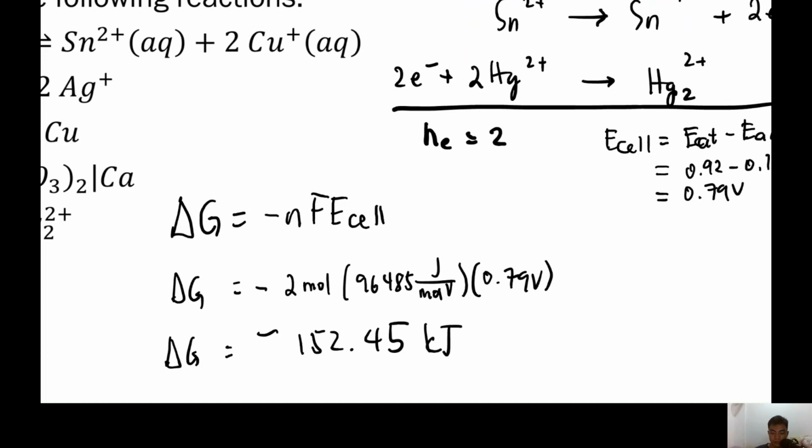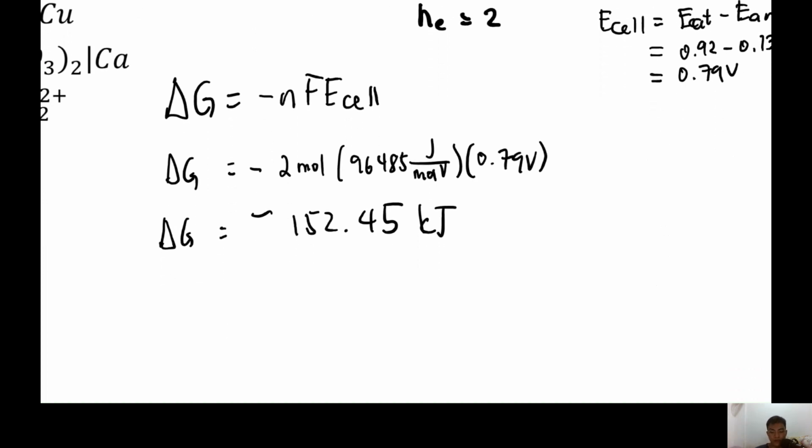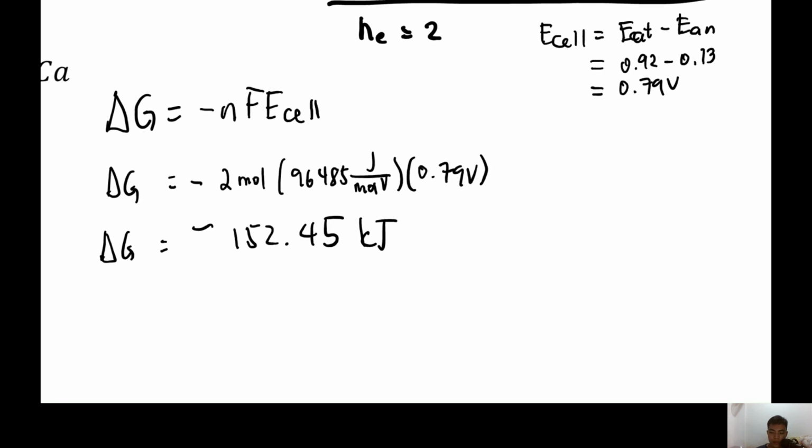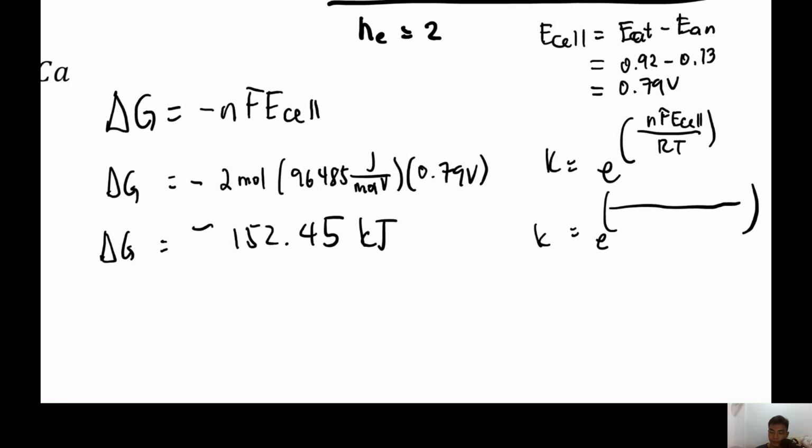Given that, we can proceed to solving for K. K can be calculated as K equals exponential of nF E cell over RT. So plugging in, we have 2 times the Faraday's constant, 96485.